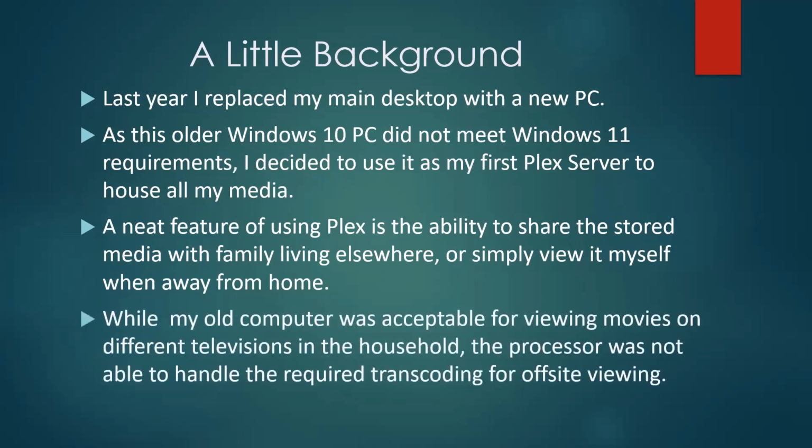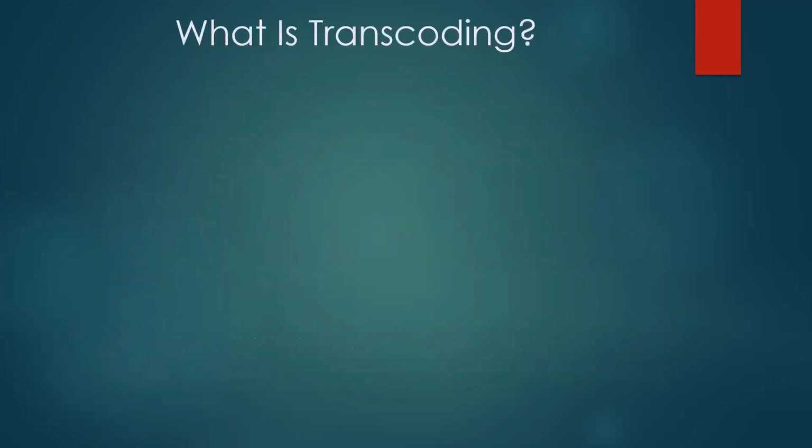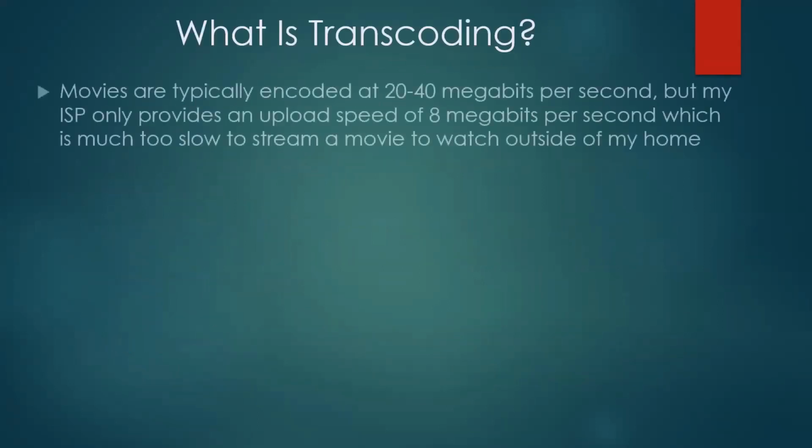Now, the old computer was acceptable for viewing movies on different televisions in my household, but the processor was not able to handle the required transcoding for offsite viewing. So what is transcoding? Well, movies are typically encoded at 20 to 40 megabytes per second, but my ISP only provides an upload speed of 8 megabits per second, which is much too slow to stream a movie to watch outside of my home.